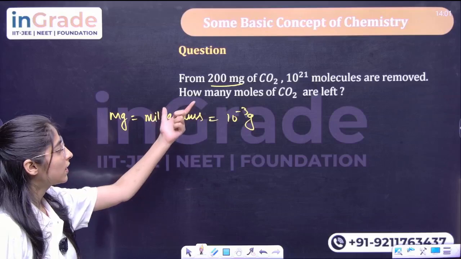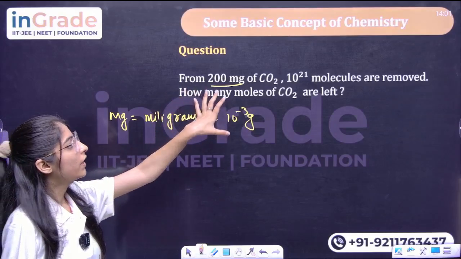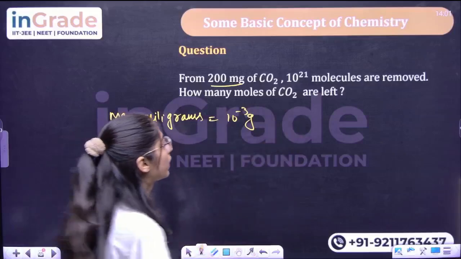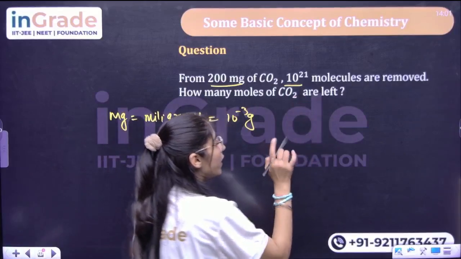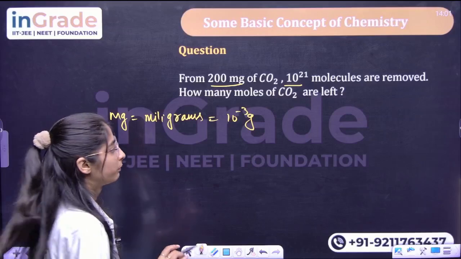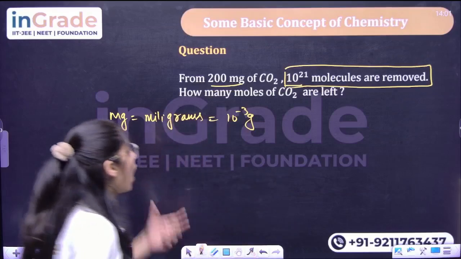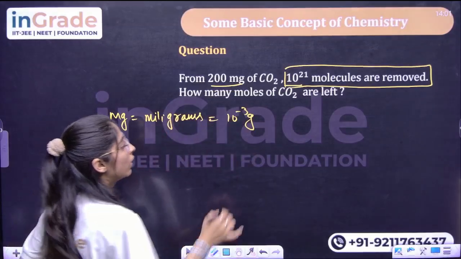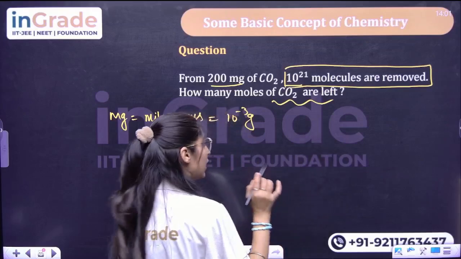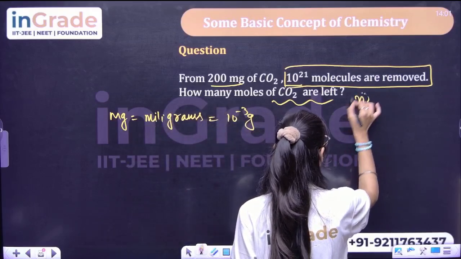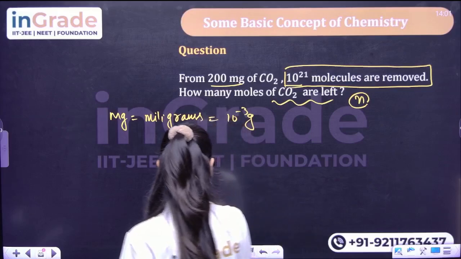The question says that from 200 milligram of CO2, 10 to the power 21 molecules are removed. So how many moles of CO2 are left? Basically, we have to find out the value of n. So how are we going to calculate it?